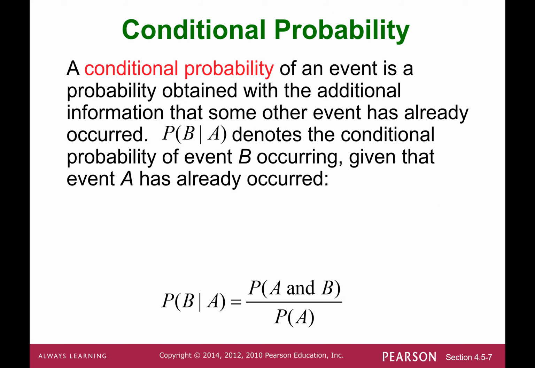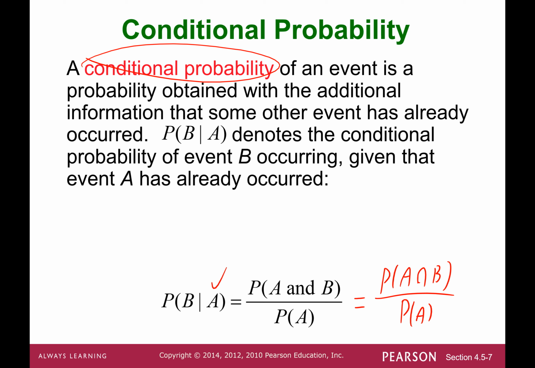And let's move on to conditional probability. For conditional probability of events, it's basically equal to the probability of A and B over the probability of A, meaning A intersect B over the probability of A. So this is a given condition.